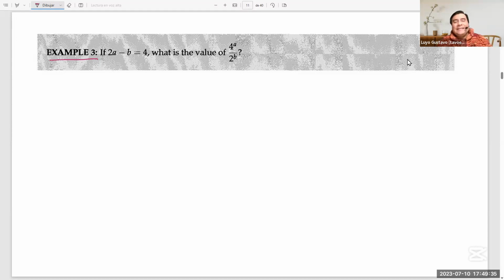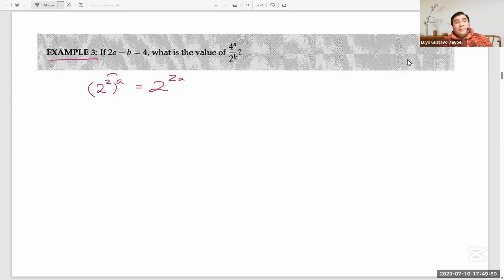Okay, let's see, people. Take a look. Isn't it true that 4 up to a is the same as 4 to the a? What is 4? It's the square of 2, right? Up to a. But using the power of a power property, we can express this as 2 up to 2 times a, because you just multiply these two exponents.